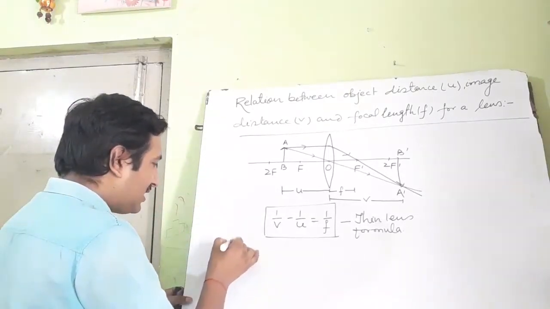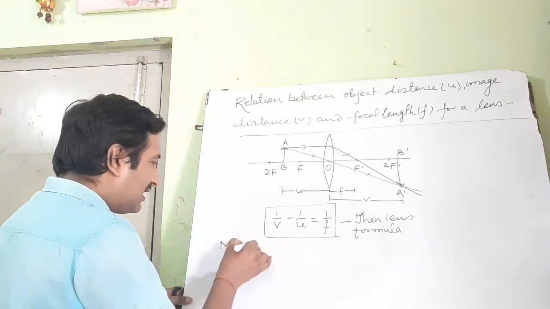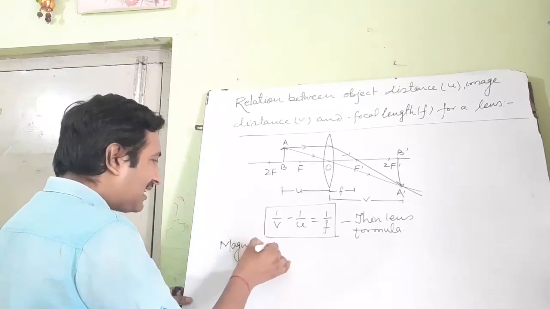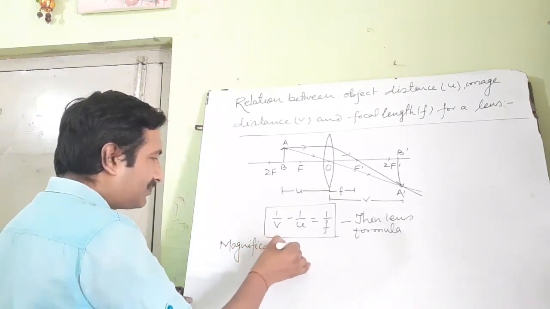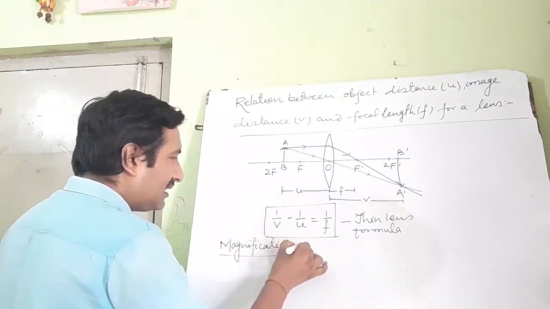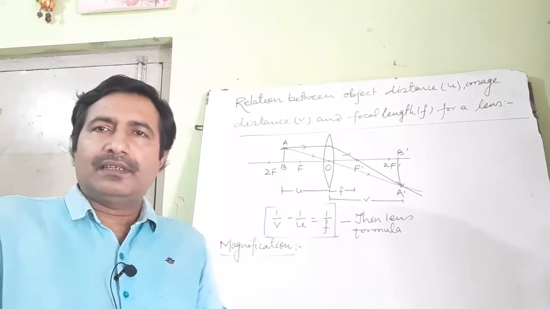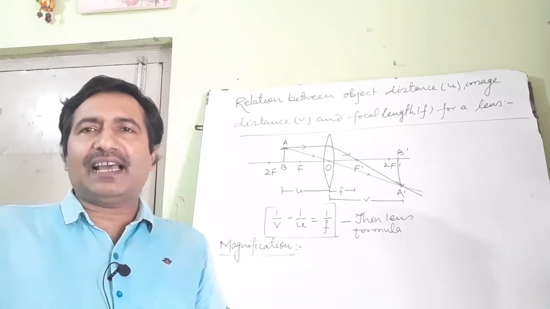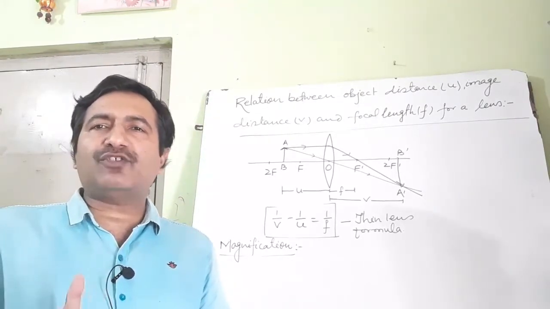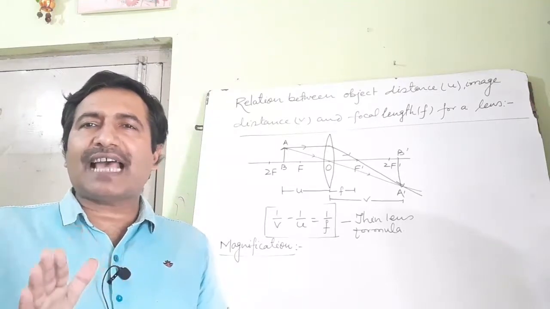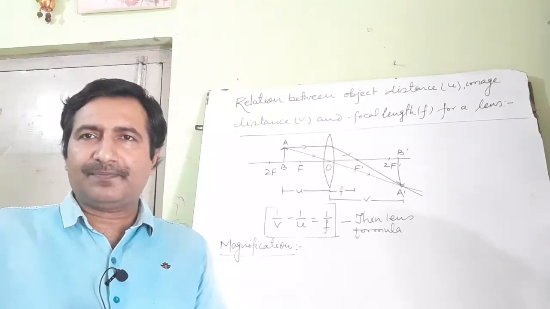You see, magnification. You already learnt about magnification in a mirror. Magnification is defined as the ratio of size of image to the size of the corresponding object.